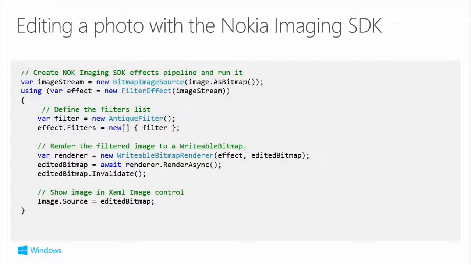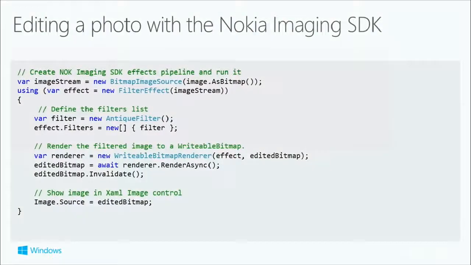We hand that filter into our writable bitmap renderer, along with the bitmap that we want it to come out for, and then we just run that renderer. We can take that bitmap and apply it straight to an image source. That image would be a XAML control, so we're taking the image source of that XAML control and applying the bitmap to it.